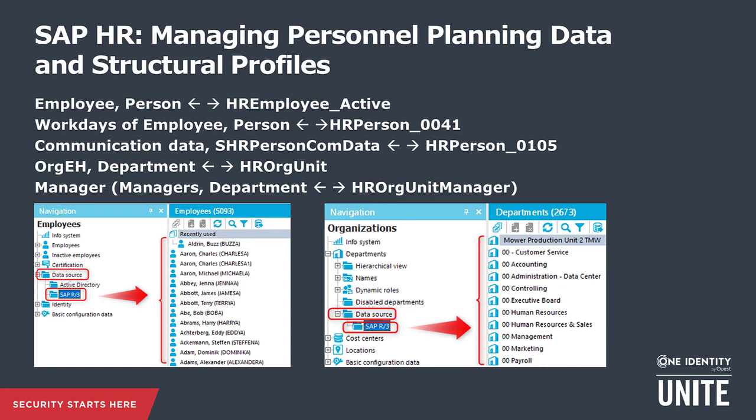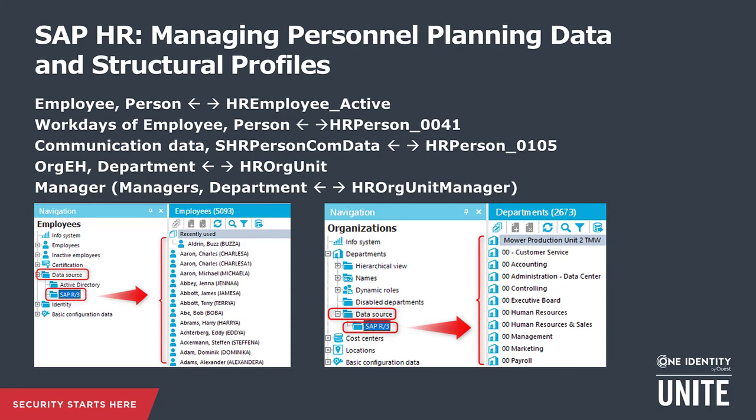Now, how is the SAP data mapped into OneIdentity Manager schema? The employee or person object in SAP is represented by the schema object HR employee_active and will be mapped to the person object in OneIdentity Manager schema. Some attributes are personnel number, primary department, first and last name, etc. There are others. The HR person 0041, so info type 0041 date specifications, is mapped to person in OneIdentity Manager schema.